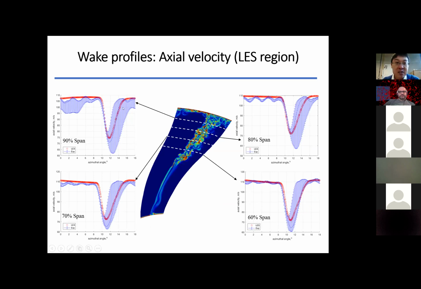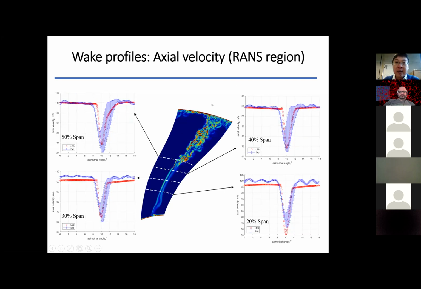I almost finished. So I think this is just comparing the simulation results. Basically, the main message is that it matches well with the reference passage and within the uncertainty regions for the axial velocity. If you cross the interface of the RANS and LES, and this is in the RANS region, the simulation also matches with the experiment result, but you can see the spreading rate is much less than the experiment, which is expected for the RANS result.